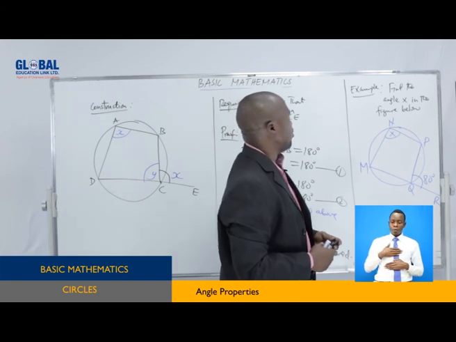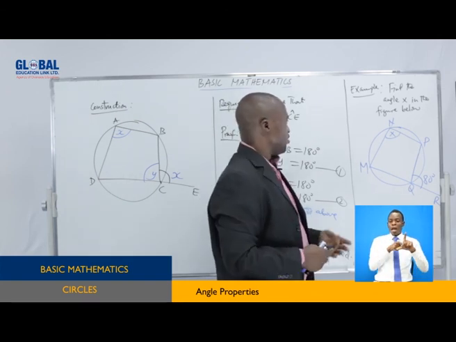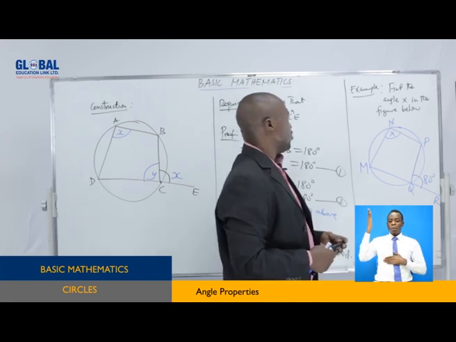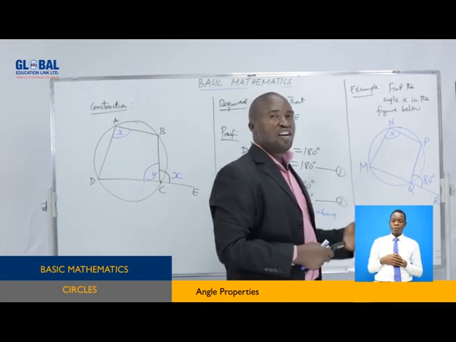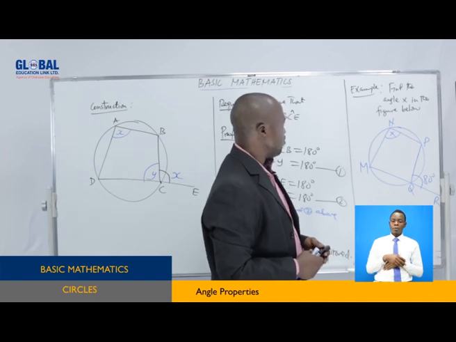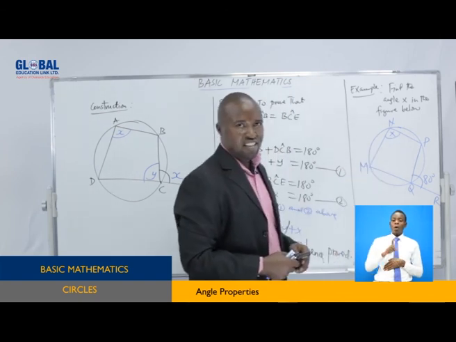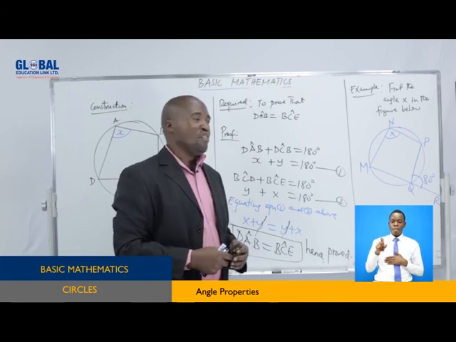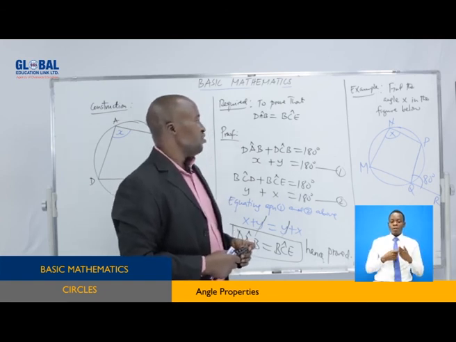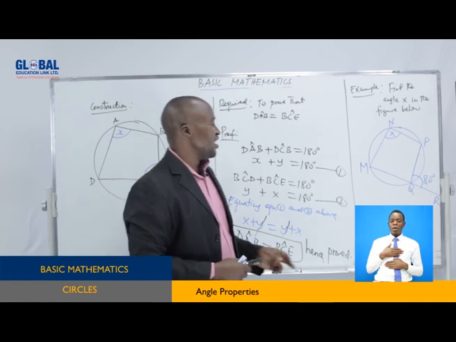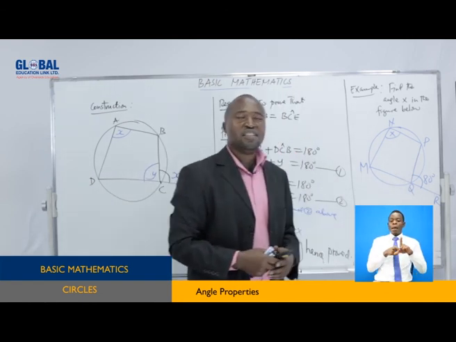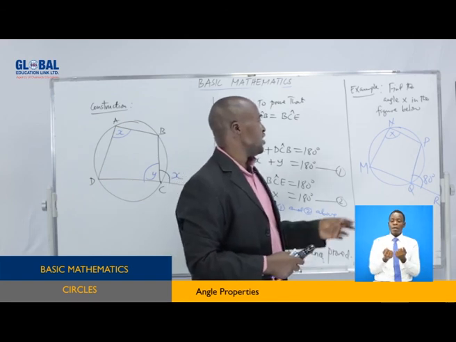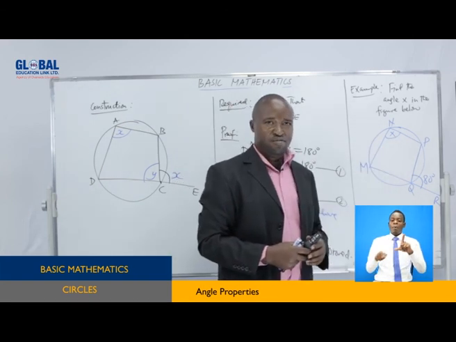Find the angle x in the figure below. So the figure is a circle with a cyclic quadrilateral. There is a four-sided figure inside it, and then we are supposed to find angle x. Now I'm sure you remember our theorem 5, which states that the exterior angle formed in the cyclic quadrilateral is the same as the inside opposite angle.